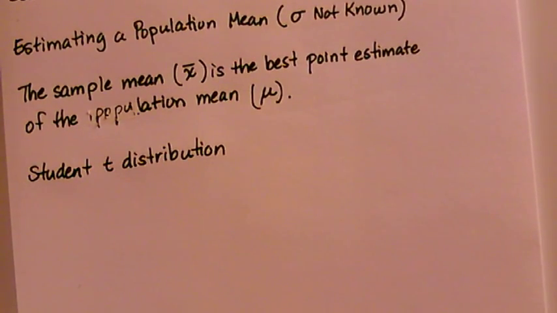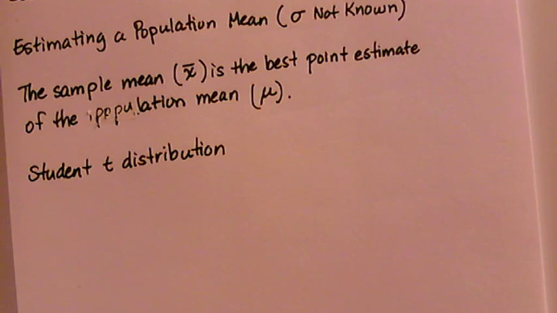It actually came from a statistician by the name of William Gossett, who worked at a brewery called Guinness Brewery, and he had some research that he wanted to release, and the company would not allow him to release any type of research. So what he did was he released that research under a pseudonym or a fake name, which is called student. So that's where student t distribution came from.